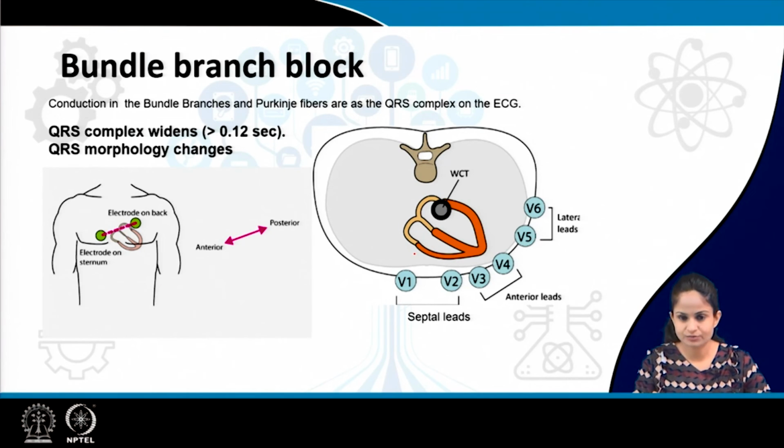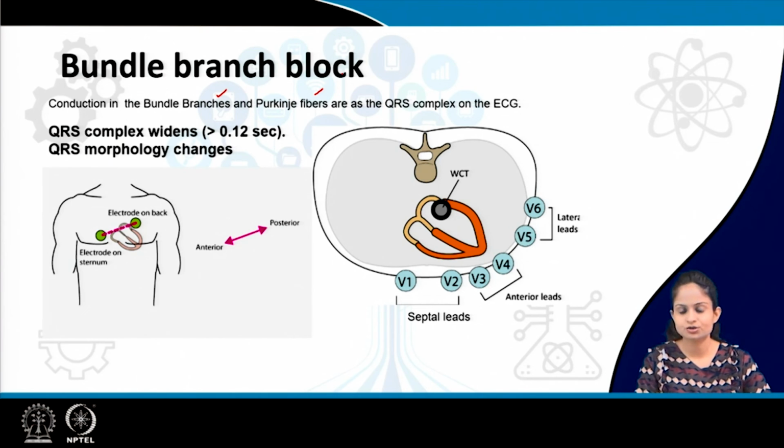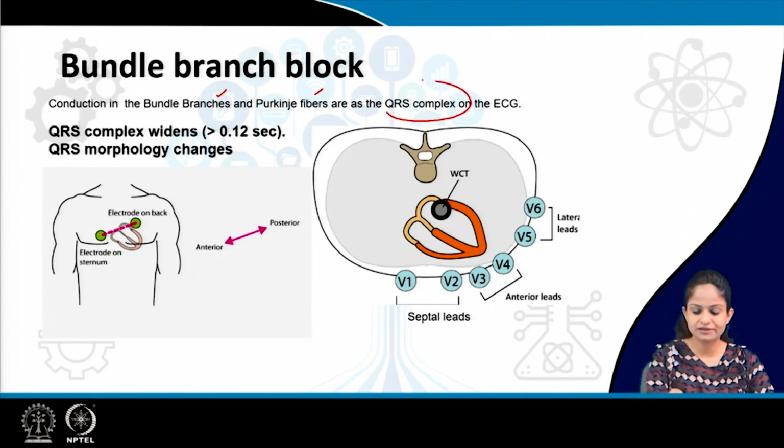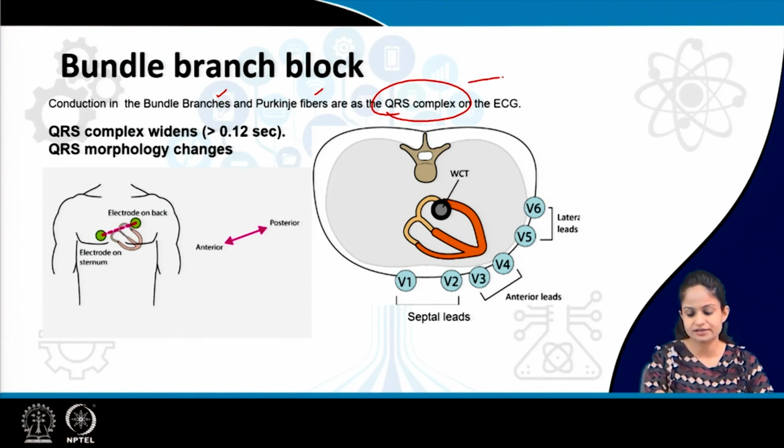Now, coming to the bundle branch block. Bundle branch block means the blockage is occurring at the level of the bundle branches. We know the conduction in the bundle branches and Purkinje fibers is depicted as the QRS complexes in the ECG, which means any abnormality in the depolarization of the ventricles because of abnormal conduction will result in wide QRS complexes.